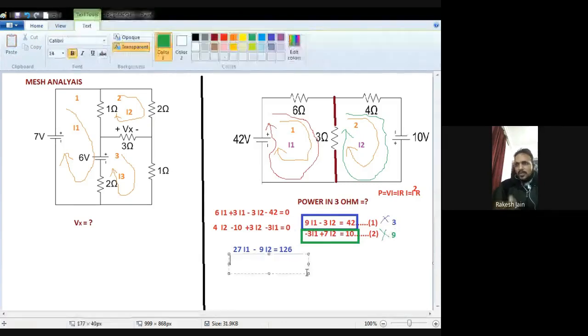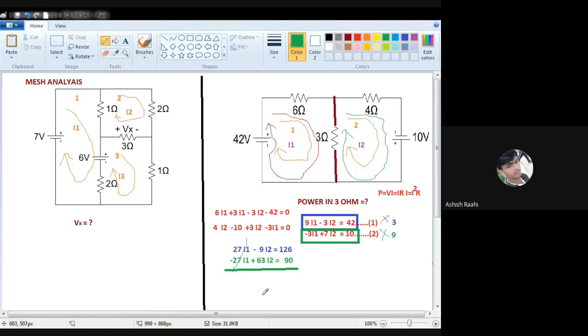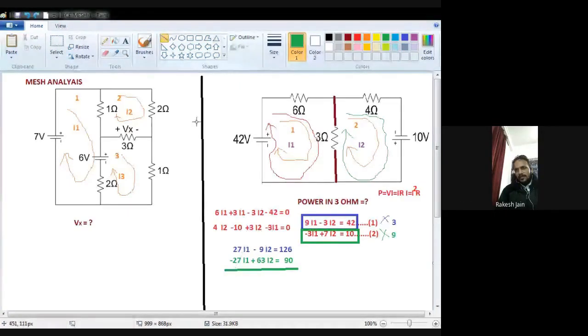So now it is minus 27 I1, because minus 3 is there, plus 9 multiplied by 7, that is equal to 63 I2, and that is equal to 9 multiplied by 10, that is equal to 90. So now when we solve these two equations, 27 and 27 will cancel out, because one is plus, one is minus.